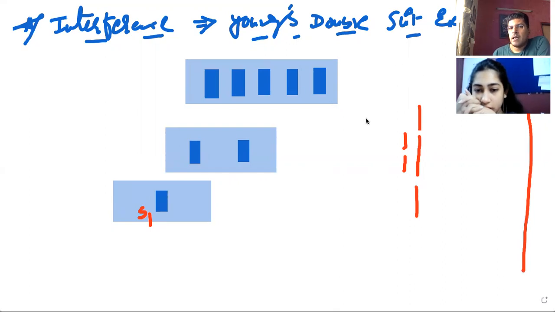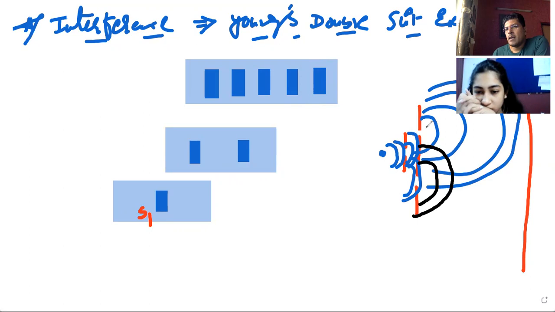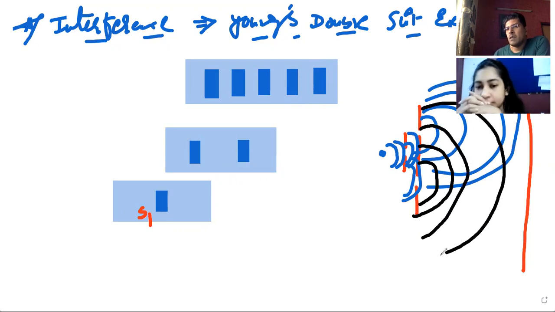Let's say the source is a light producing circular waves, which will pass like this. Such waves will pass like this, and another one will be like this. I want to see that at some points they are colliding and at some points their intensity will be increasing.